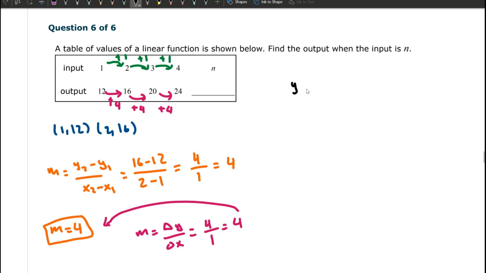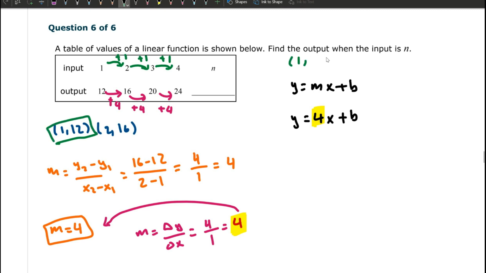You're going to solve for b. y equals mx plus b, where m is 4. y equals 4x plus b. You need a point to plug in. I can use this point, 1, 12, where the y value is 12 and the x value is 1.